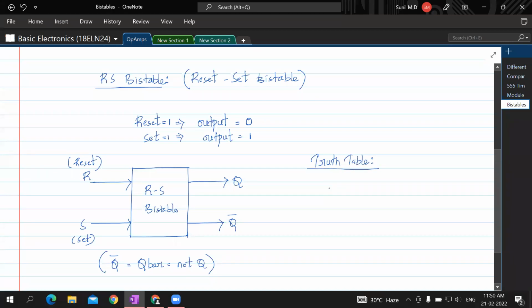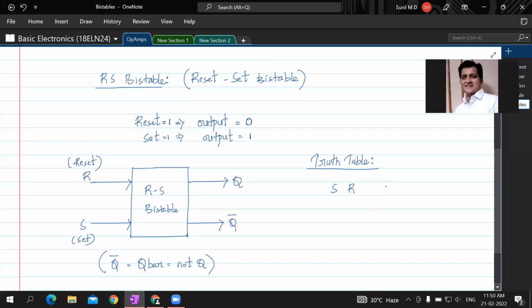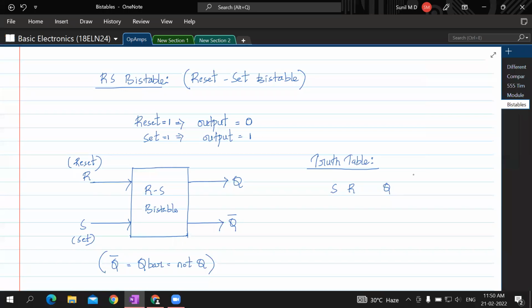So as we have been seeing, there are two inputs, right? Let's say set and reset, and two outputs, Q and Q bar. Is it okay with you? Now, with two inputs, we will have four combinations of input: 0 0, 0 1, 1 0, 1 1.